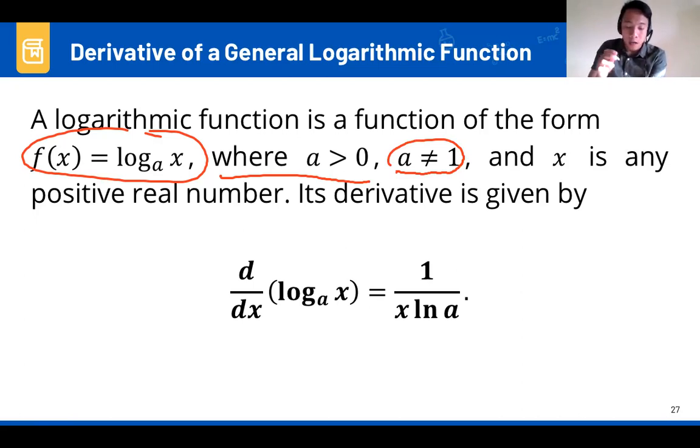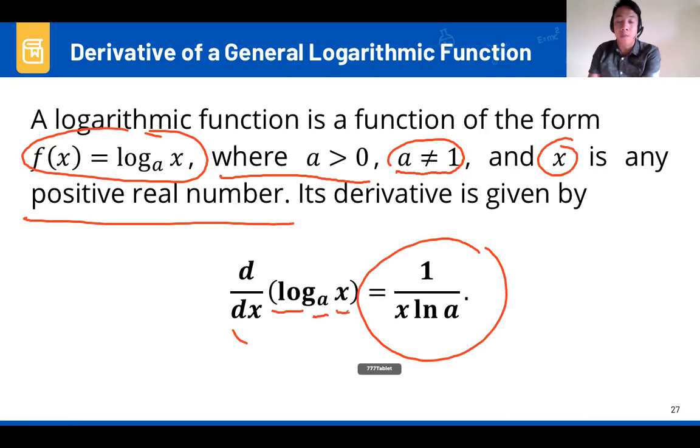Okay? And the derivative of this kind of form is just like this. The derivative of log x base a in terms of x is 1 over x log a. So, how did that happen? Let's go over it again. So, in log a, we have 1 here.